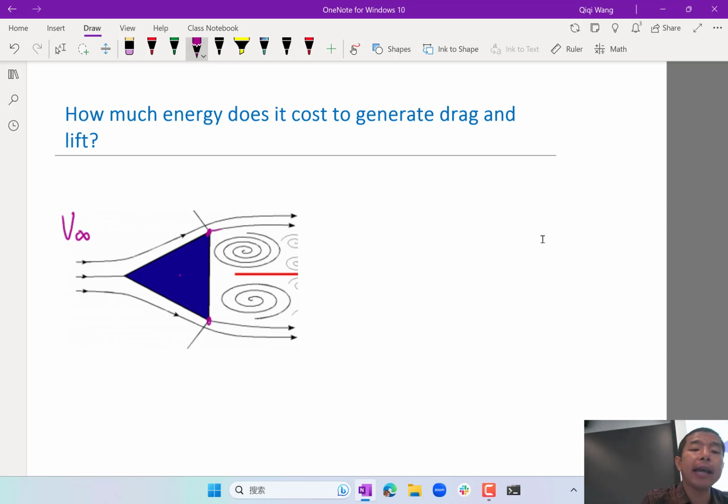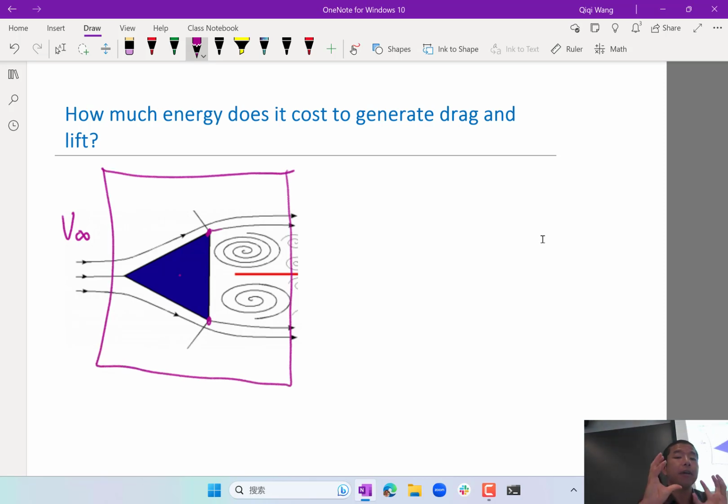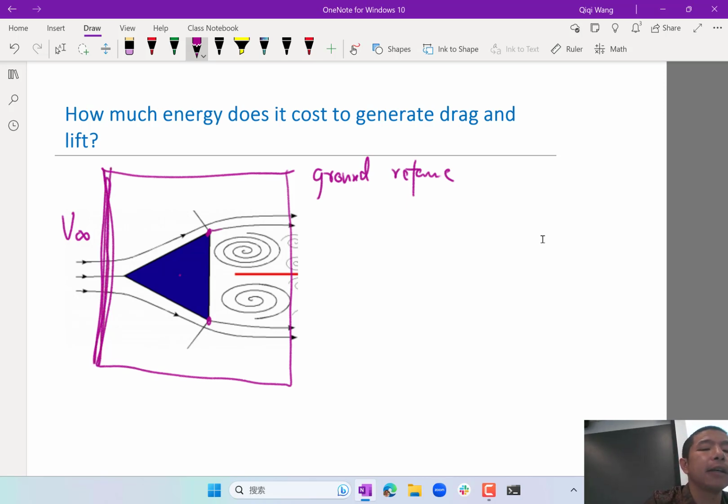So when you look at a control volume like that, and in particular, if you think about the energy that goes into the control volume and out of the control volume from the frame of reference of the ground, then the velocity that goes into the control volume, right?